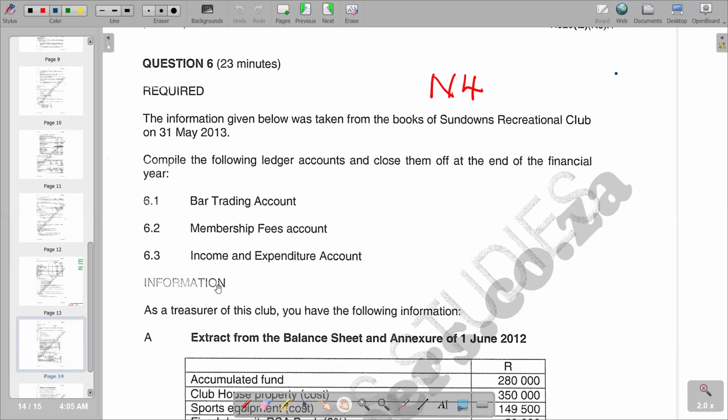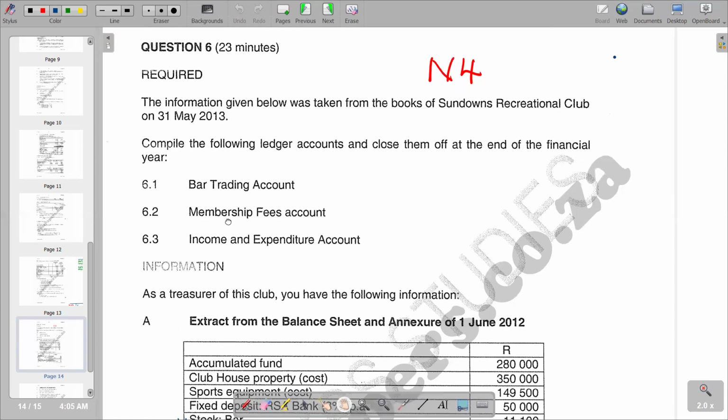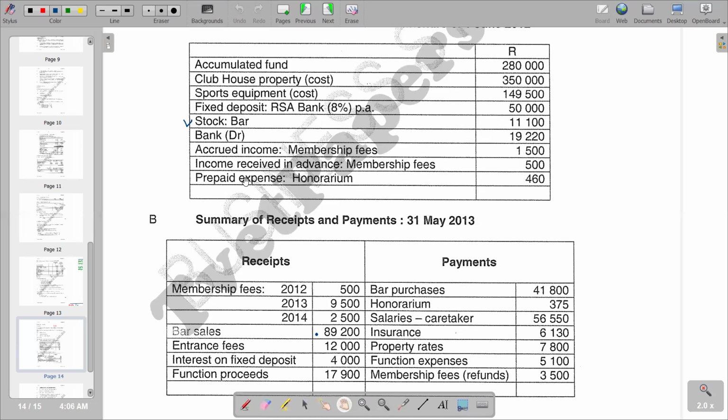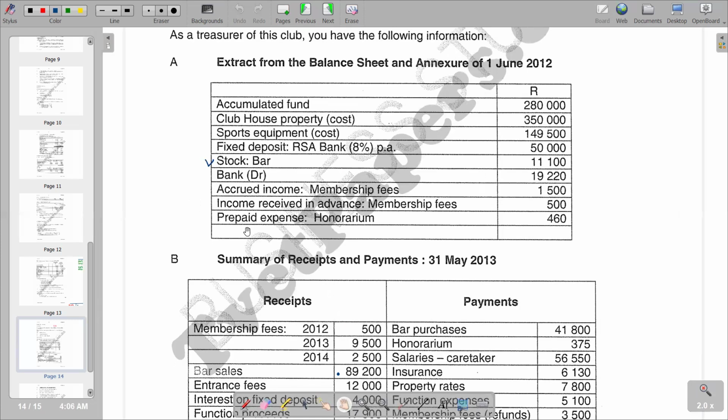You are also given additional information, where we have information A that you need to go through before you start answering the question. Going down, you are also given information B, which is a summary of receipts and payments. On information A, we can take note that it reads extract from the balance sheet at the beginning of the year, 1 June 2018.